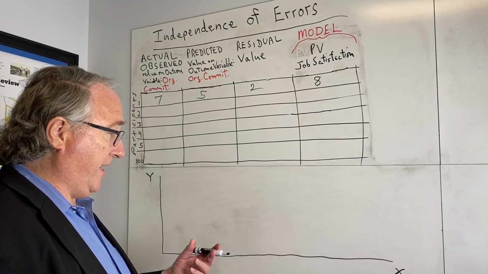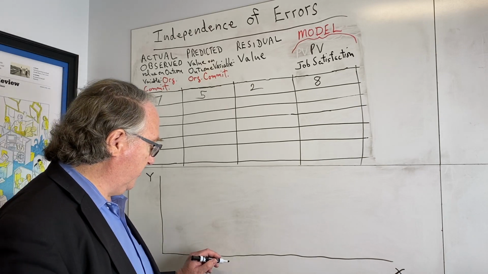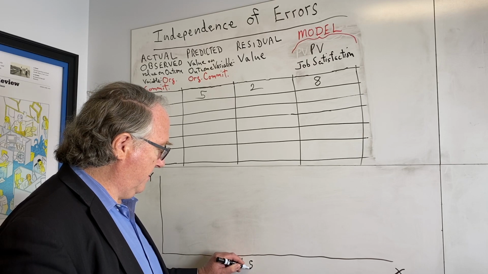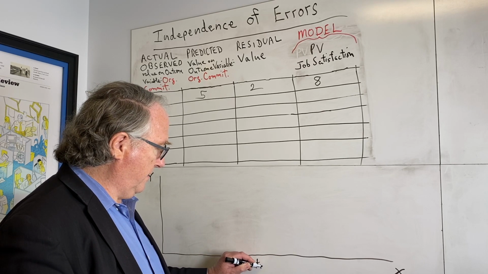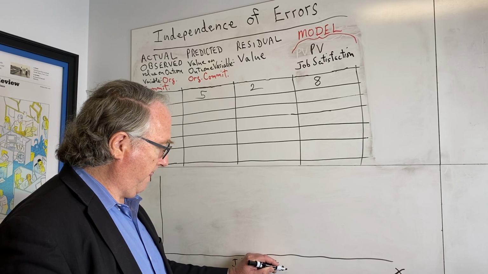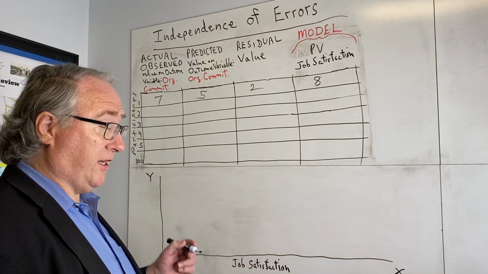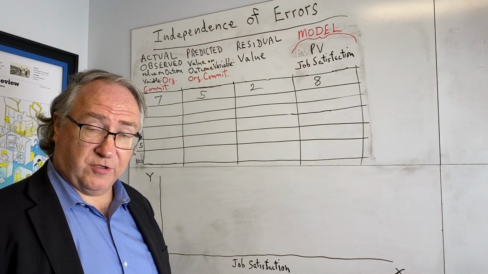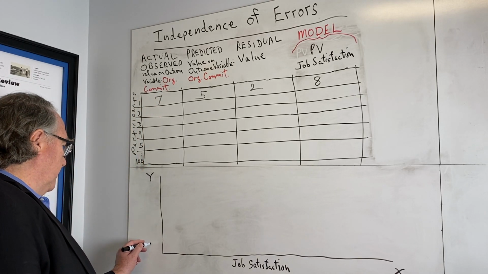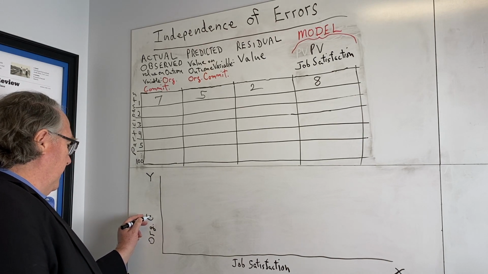On the x-axis, we're going to have our one predictor variable, job satisfaction. And on our y-axis, we're going to have our outcome variable, organizational commitment.